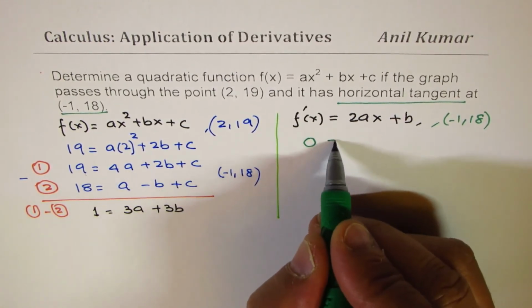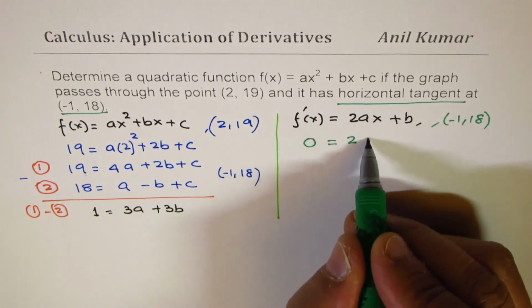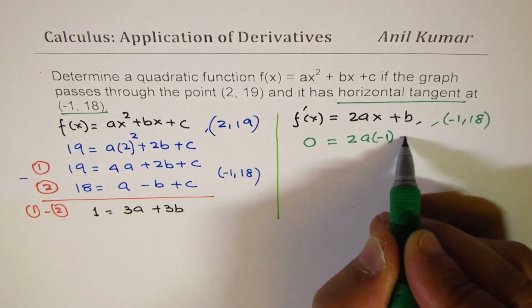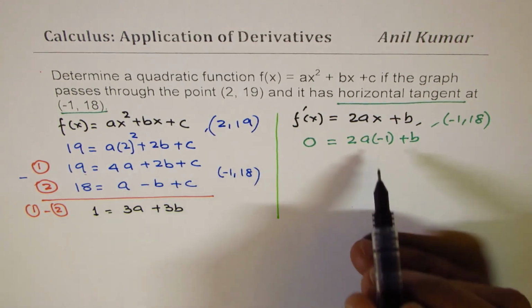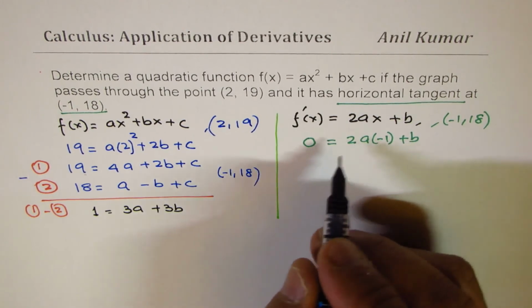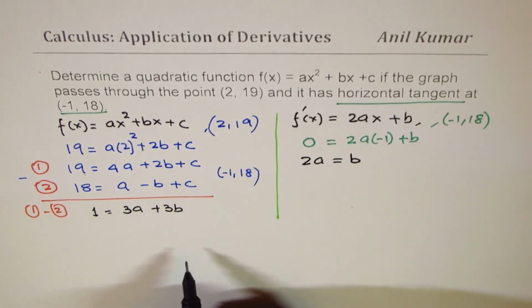So we get 0 equals, we're going to substitute minus 1 here for x. So that becomes our equation. Now this helps us to relate a and b. So from here we get 2a equals b.